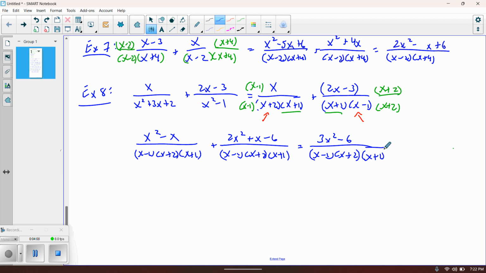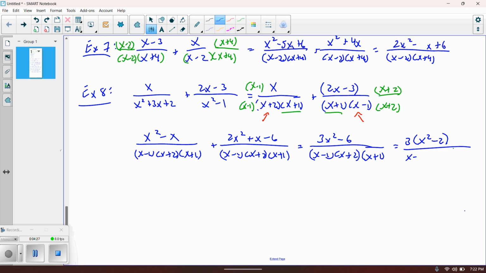And once again, we're trying to get this into its simplest form. And as it appears, we can factor out a 3 from the numerator, which will leave us with an x squared minus 2. That is not going to factor any further since 2 is not a perfect square.